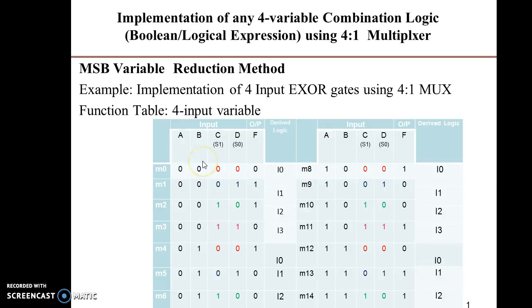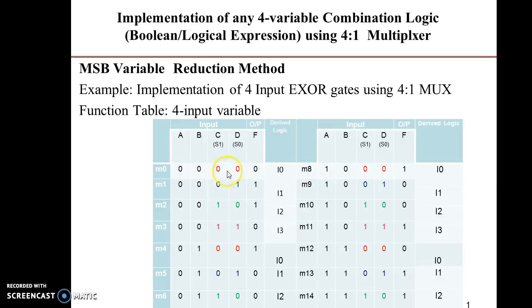I am fixing the data input pins of the 4:1 multiplexer with respect to variables A and B. That is the backbone of this MSB variable reduction method. Ultimately, reducing these variables means fixing the data input pins of the multiplexer with respect to these two variables.